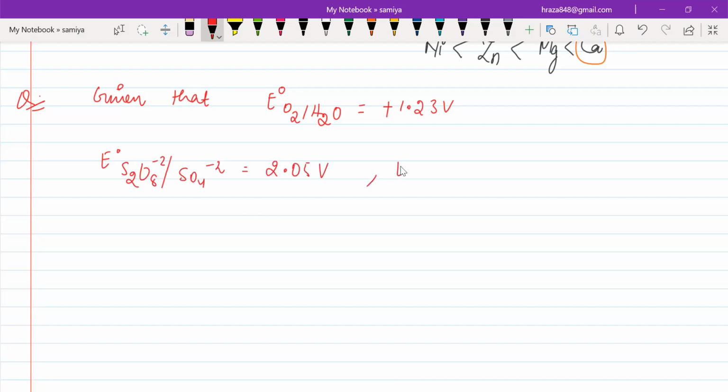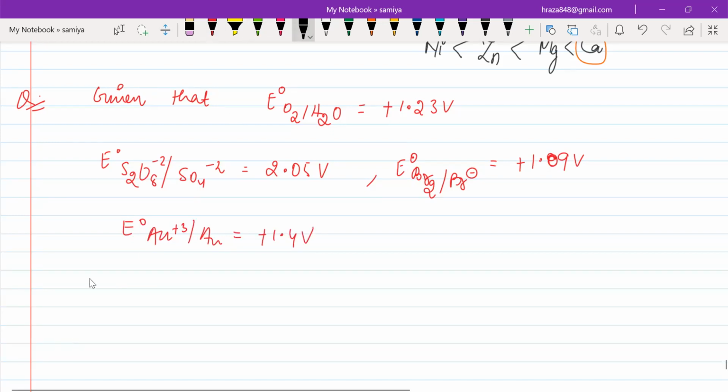It is also given that E naught Br2 slash Br minus is equal to plus 1.09 volt, and it is also given that E naught Au plus 3 slash Au is equal to plus 1.4 volt.